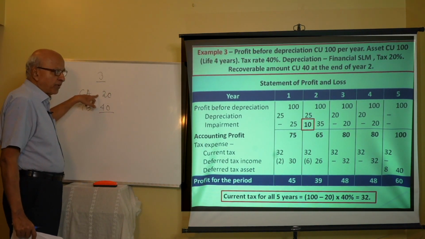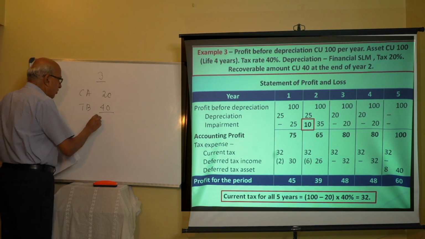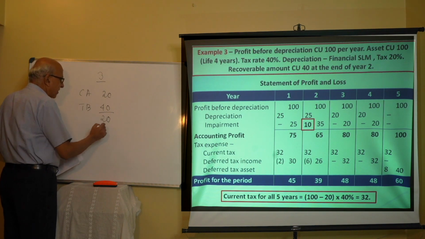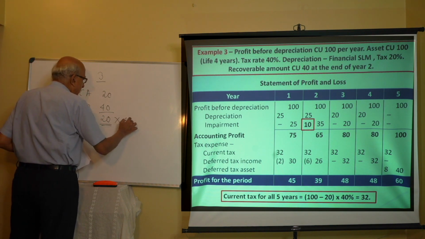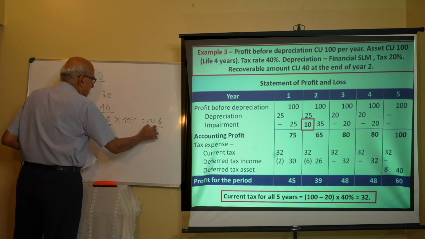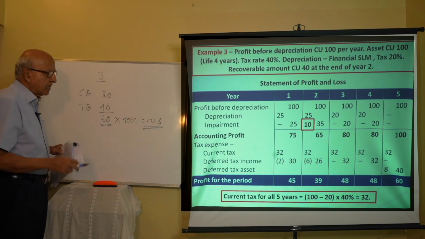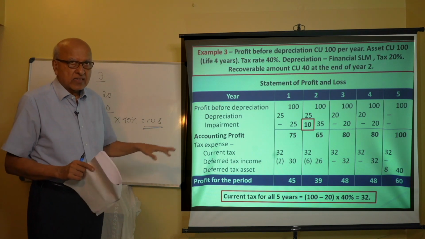Tax base for 3 years, 20 rupees into 3 is 60, 100 minus 60 is 40. So 20 is what? Deductible temporary difference, that is deferred tax asset at 40%. We need to create a deferred tax asset of CU8, but you already have CU8 as deferred tax asset, so nothing to be done.